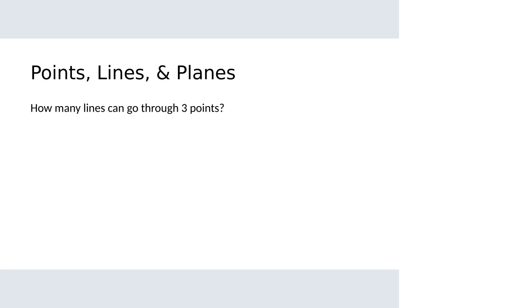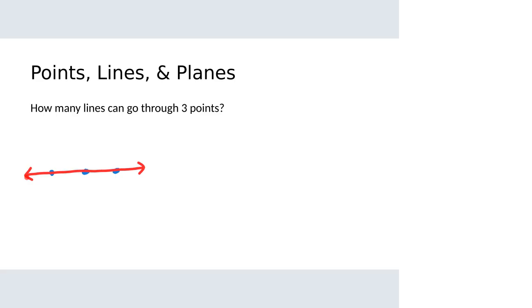All right, let's keep moving along with the same idea. What if I have 3 points? This one, I'll answer for you. It depends on how those 3 points are arranged. If those 3 points happen to be arranged like this, then I could draw one line that goes through all 3 points, and it would look like that.